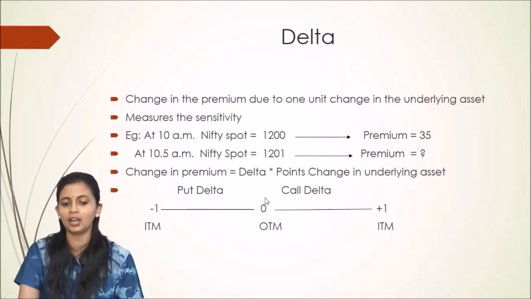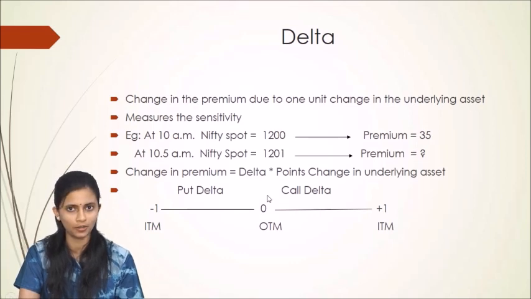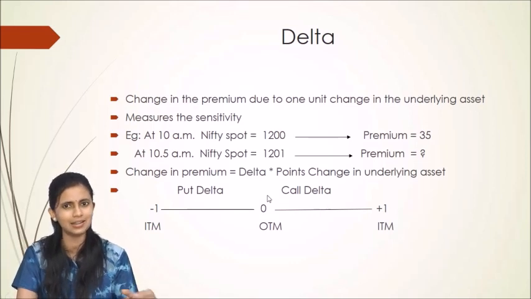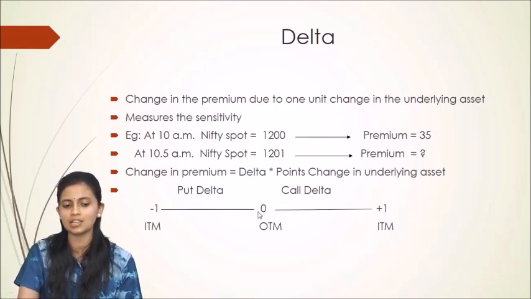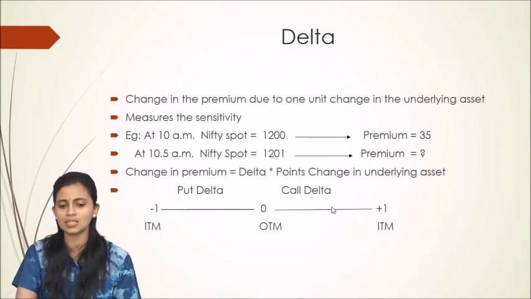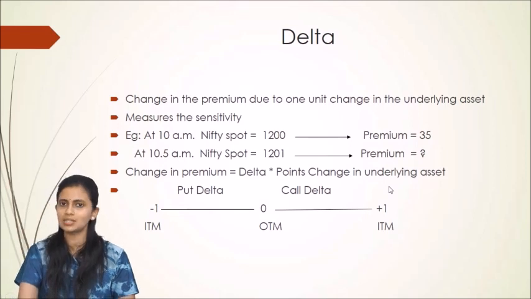Similarly, on the call side, at the money strike price will always have a delta nearing 0.5. So if the strike price is between 0 and 0.5, it is out of the money, and if the strike price is anywhere from 0.5 to 1, that strike price is in the money.